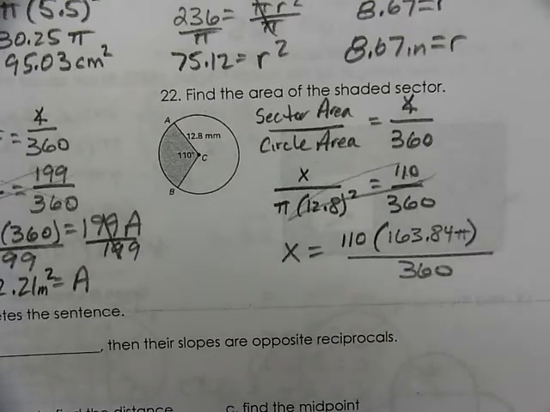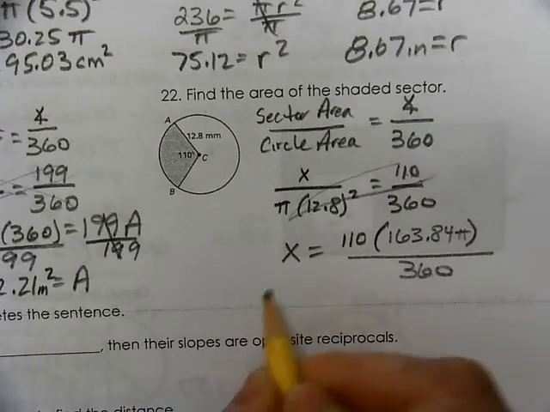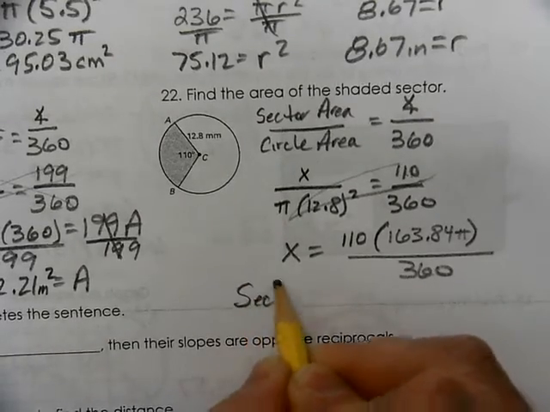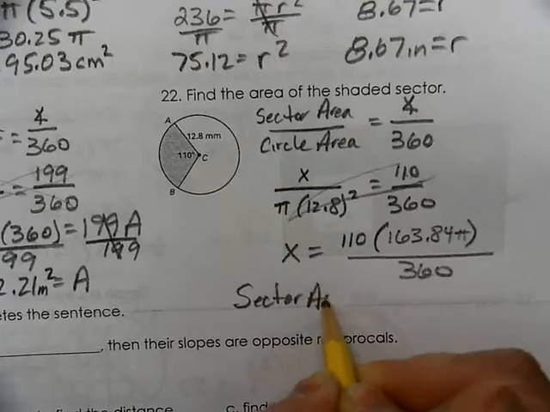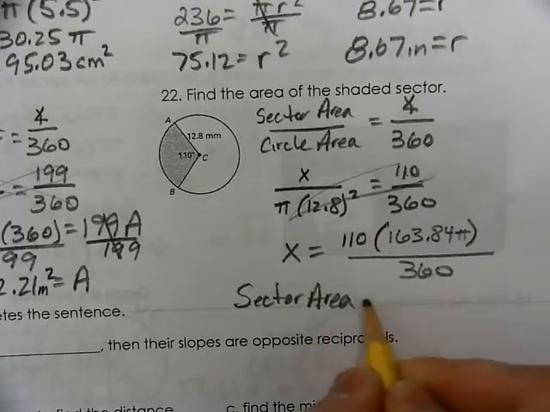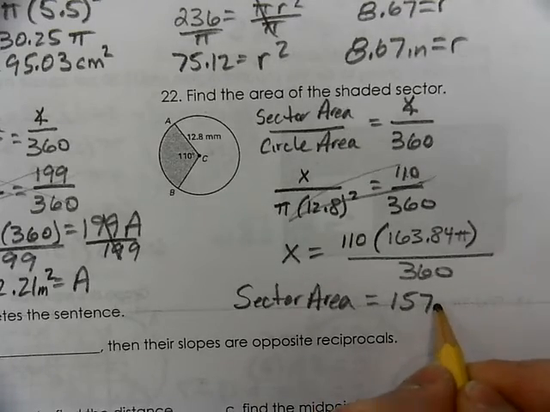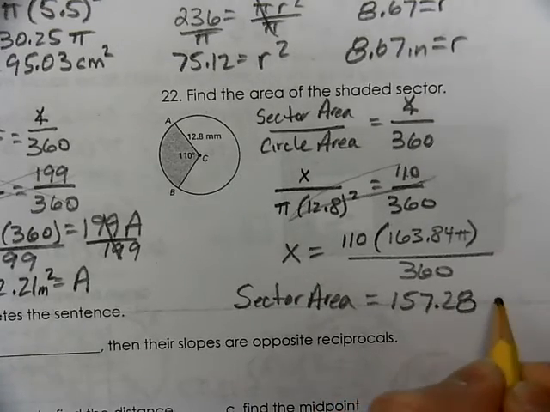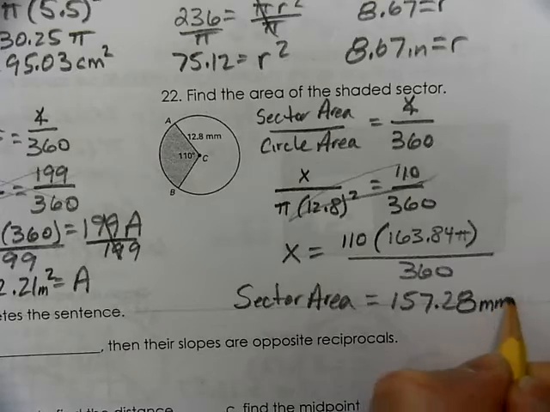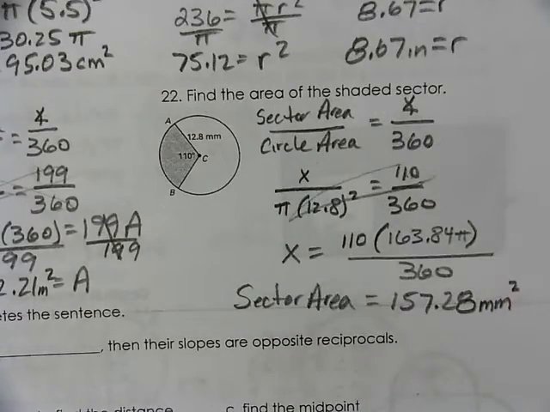So times that by pi times 110 divided by 360. And the sector area is going to equal 157.28 millimeters squared.